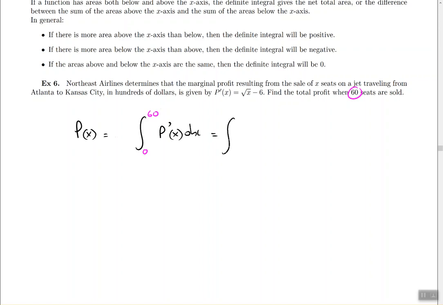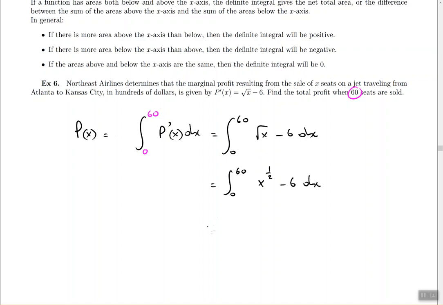So again, we're integrating 0 to 60, and the p prime of x is square root of x minus 6 dx. And to integrate, we're going to convert the square root of x to be x with an exponent, because we need to know the antiderivative by adding 1 to the power and dividing by the same thing.